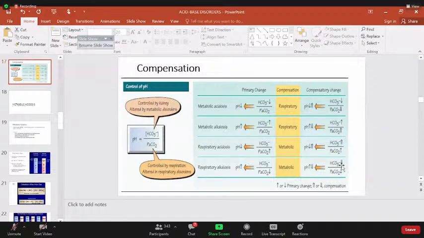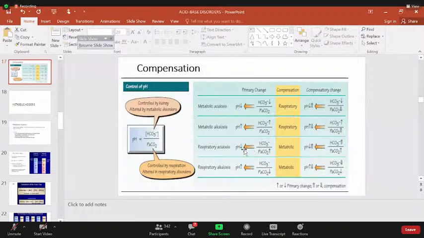Wambui is also asking, how will a patient with CKD compensate if they happen to develop respiratory acidosis? Yes, that's why we said for that particular person, if your kidneys are not working well, you're not going to be able to compensate. You need a working kidney to compensate for a respiratory acidosis. Back to our slide, if you've got a respiratory acidosis, the primary pathology is that you're retaining CO2.